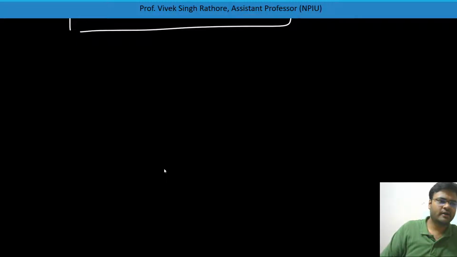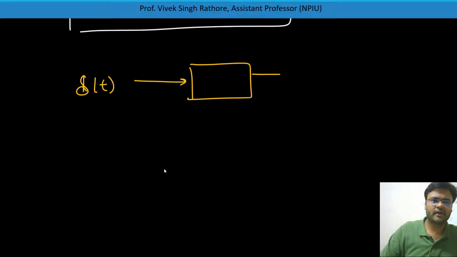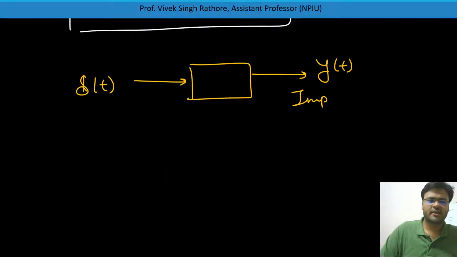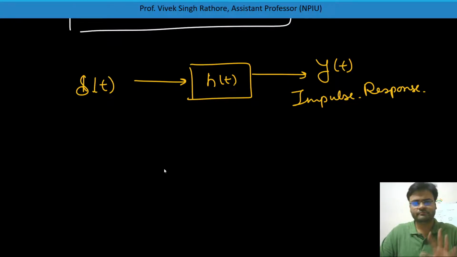When we give input as delta t to a system and take the output, we say that this is the impulse response, because impulse input has been given. Let's suppose this system was h of t.